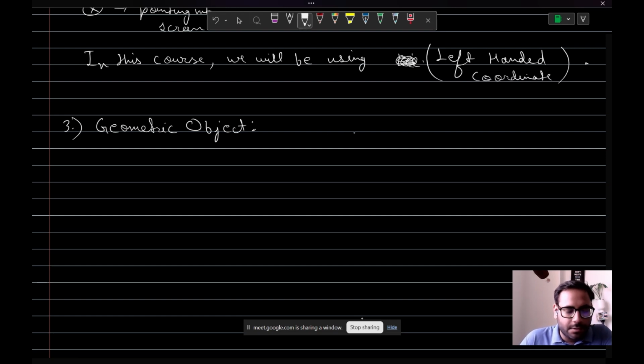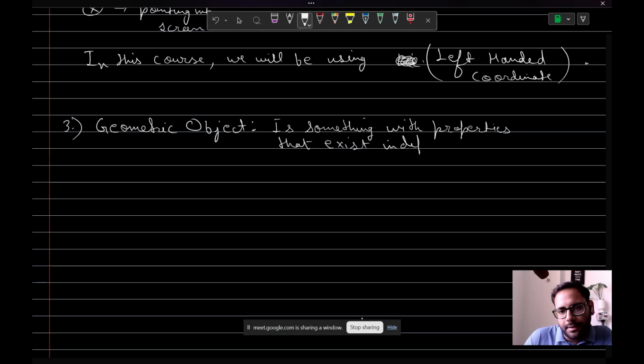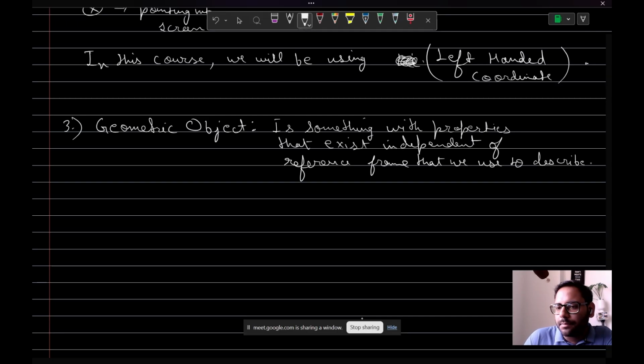Okay, so a geometric object is something with properties that exist independent of the reference frame, or the choice of reference frame, that we use to describe it or label it. Okay.